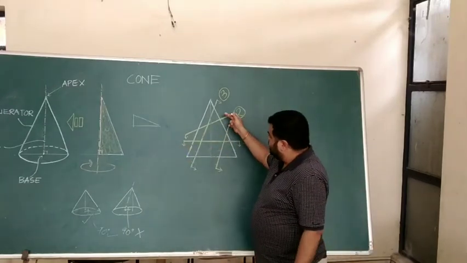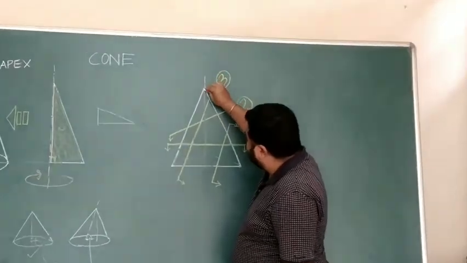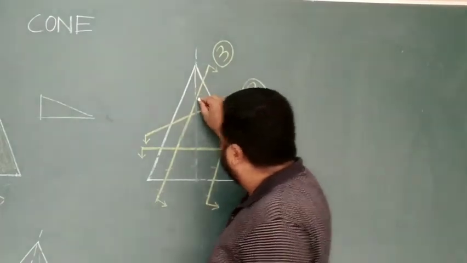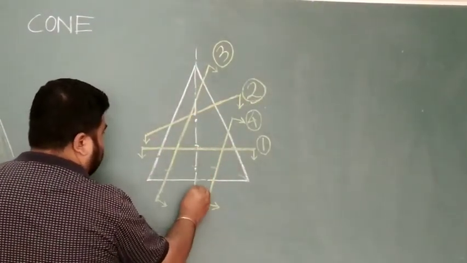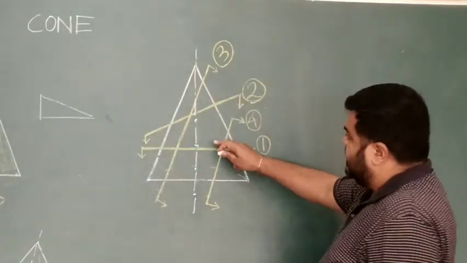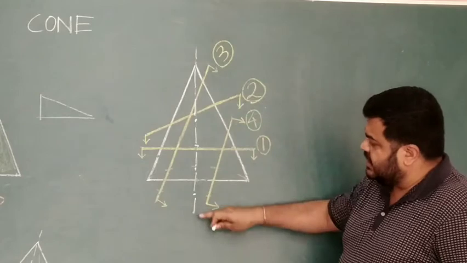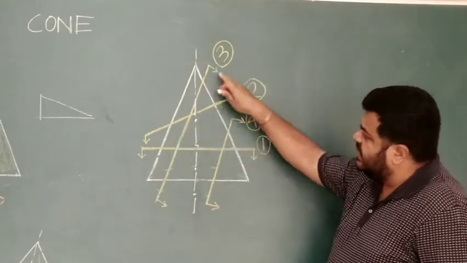Now here you see this is a right circular cone. Here you have the line of axis, and with respect to this axis, these are the section lines.